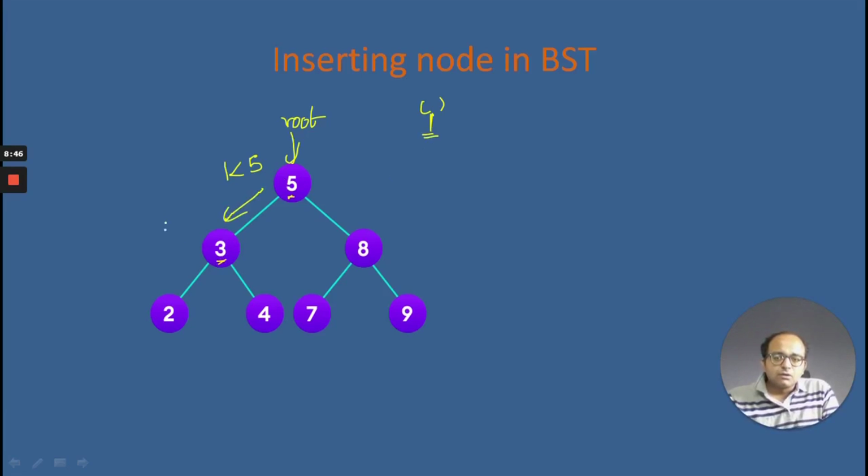Again, 1 is compared with this root node, that is 1 less than 3. Condition becomes true. Again go to left. Now 1 is compared with 2. 1 less than 2. Condition true. So here there are no other elements to the left of this node, hence the insertion happens at this position.